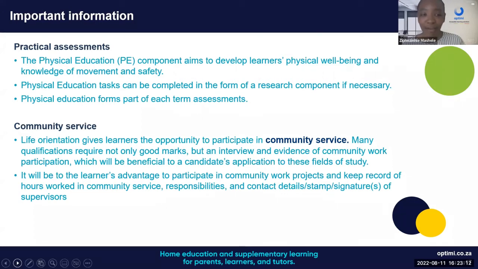Okay, and then we have also our community service, which is not a compulsory part of life orientation, but I think just to focus on building a well-rounded and holistic person, it is very wise that you engage in this community service. We usually put it out for grade 11.